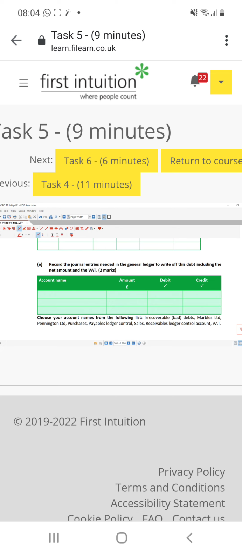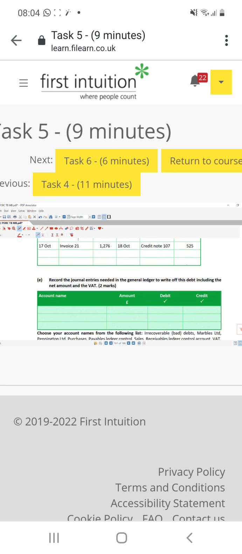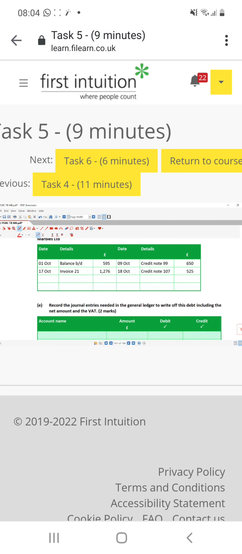First of all, we can see that we were owed originally 595 by Marbles. We invoiced them for 1276. The credit notes against the account were 650 and 525. So all of this means that the total amount owing to us is 696.